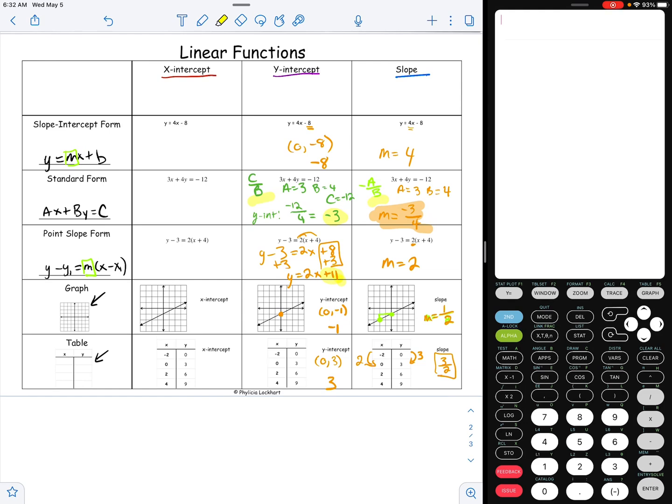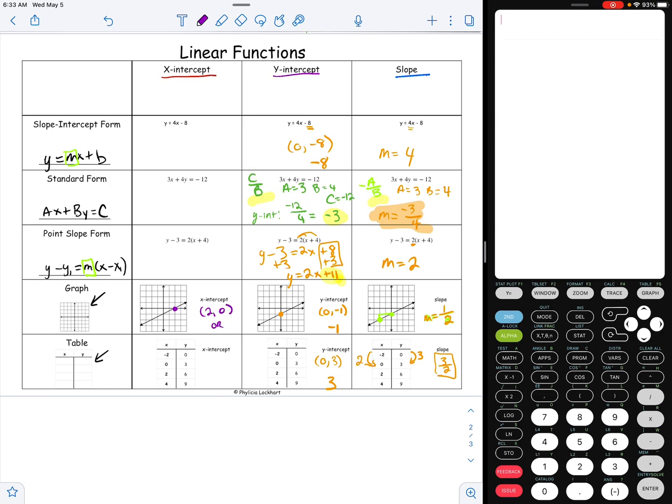Now, finally, let's talk about the x-intercept. It is the point where the graph crosses the x-axis. Our x-axis graphically is here. So the point where the graph is crossing is right about here where x is 2. So we have 2, 0.